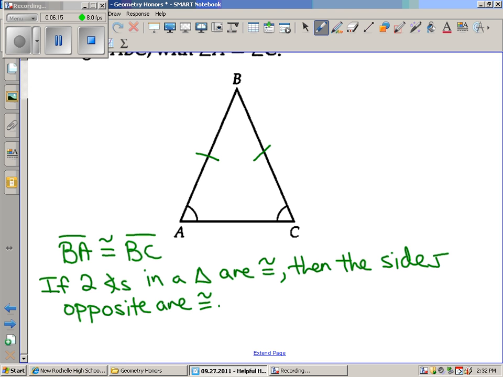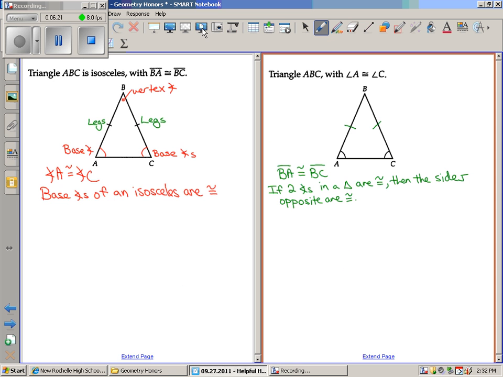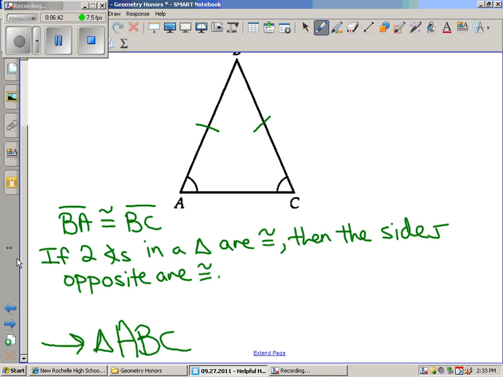Yep. And now, Ben, let's go big screen for a sec. I'm sure people are going to have a hard time seeing that, but that's all right. Now that you know two sides are congruent, Ben, what can you conclude? Yeah, triangle ABC. Let's go back to big screen. It's just easier to write.